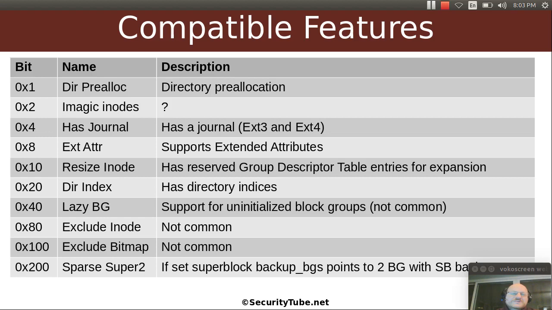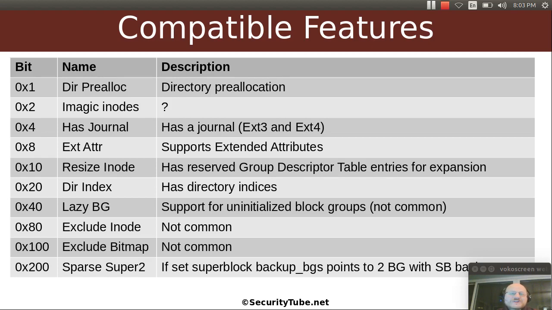A feature that we do use quite a bit is the has-journal feature. So do you have a journal for your file system? And we'll talk more about journals in future videos. For now, realize that ext3 and ext4 file systems will have a journal. That's what differentiates them in a big way from ext2 file systems.